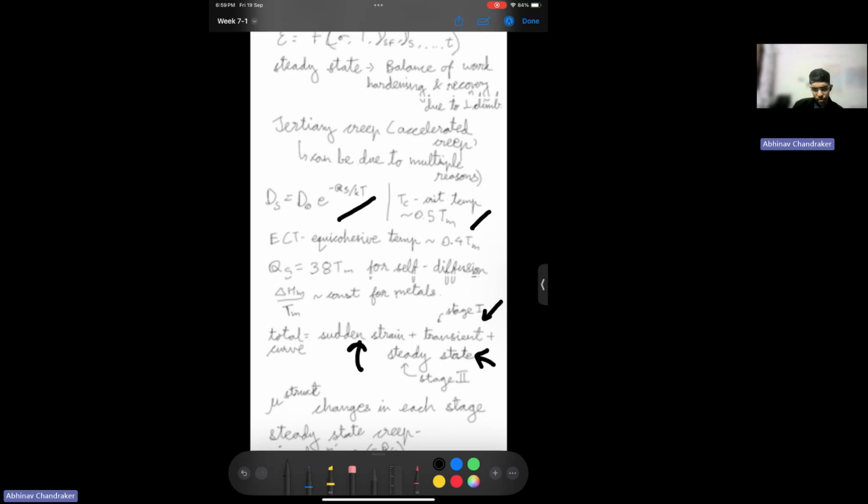Below it, you can have other processes also, dislocation gliding, more of time independent or quasi-static processes dominating. And this 0.5 Tm is due to certain characteristics of the activation energy. So, Sir has explained that.